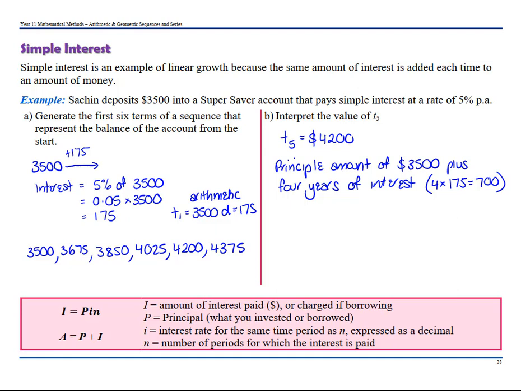Little i is the interest rate for the same time period as N, expressed as a decimal. Capital I is the amount of interest paid or charged if borrowing. Okay, so looking at our question here, our little i is 5%, our capital I is $175.